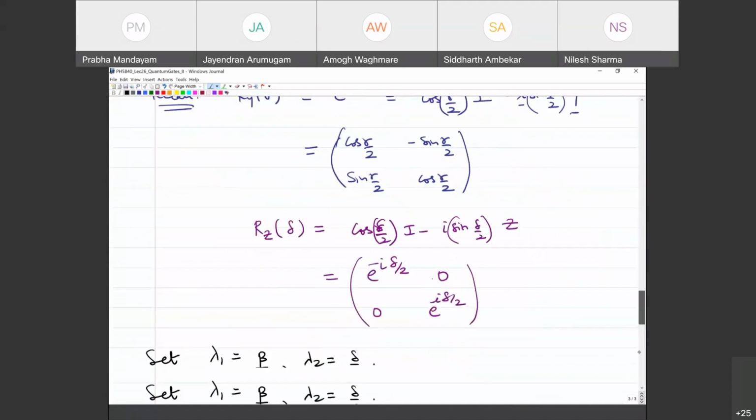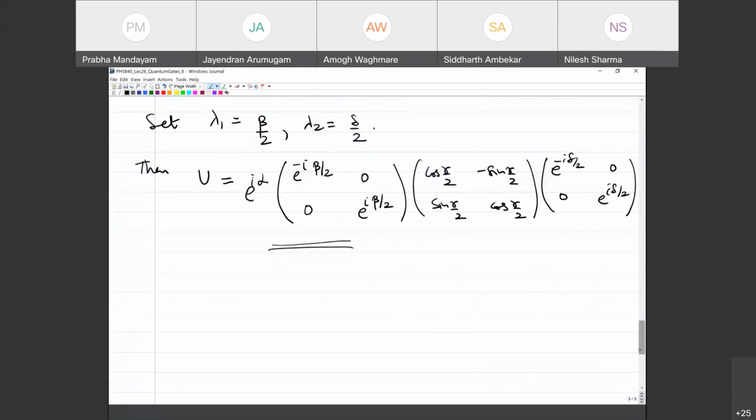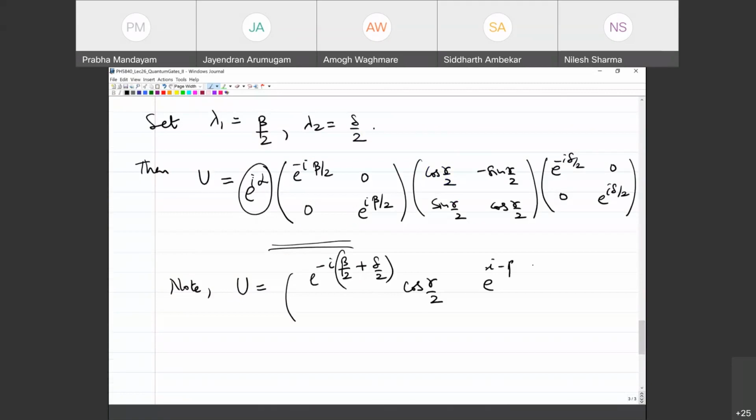So if you want, we can reverse engineer this. So let's forget this overall phase for now. It doesn't matter, as we said. So what we actually have is something like this, right? We have minus i beta by 2 delta by 2 cos gamma by 2, minus beta by 2 plus delta by 2.